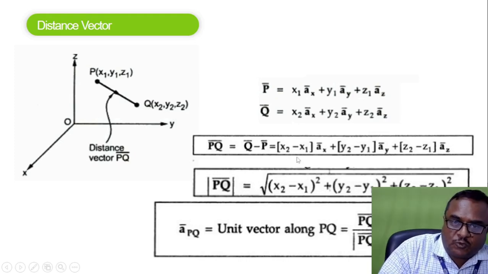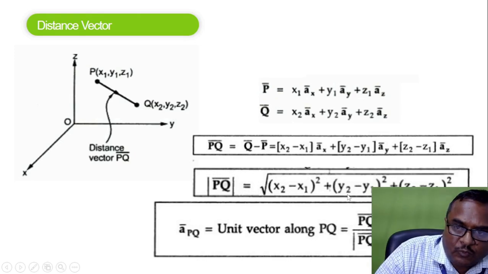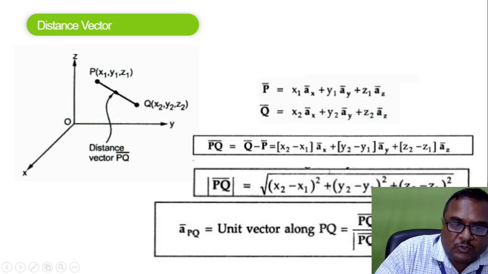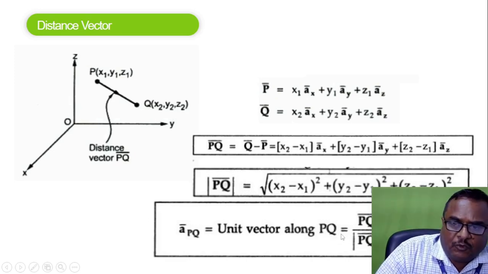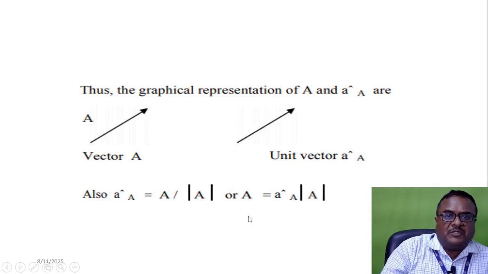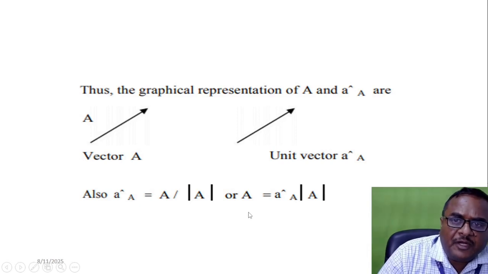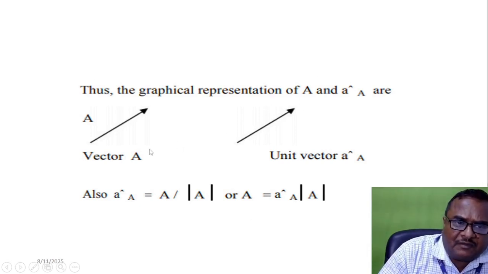Therefore, the magnitude of PQ equals the square root of (x2 minus x1) whole squared plus (y2 minus y1) whole squared plus (z2 minus z1) whole squared. Therefore, the unit vector equals the vector PQ divided by the magnitude of that vector.